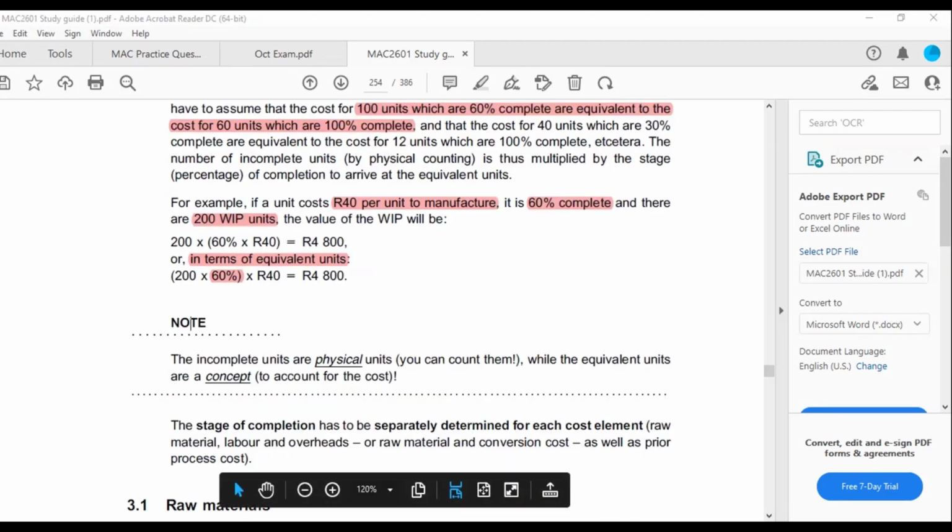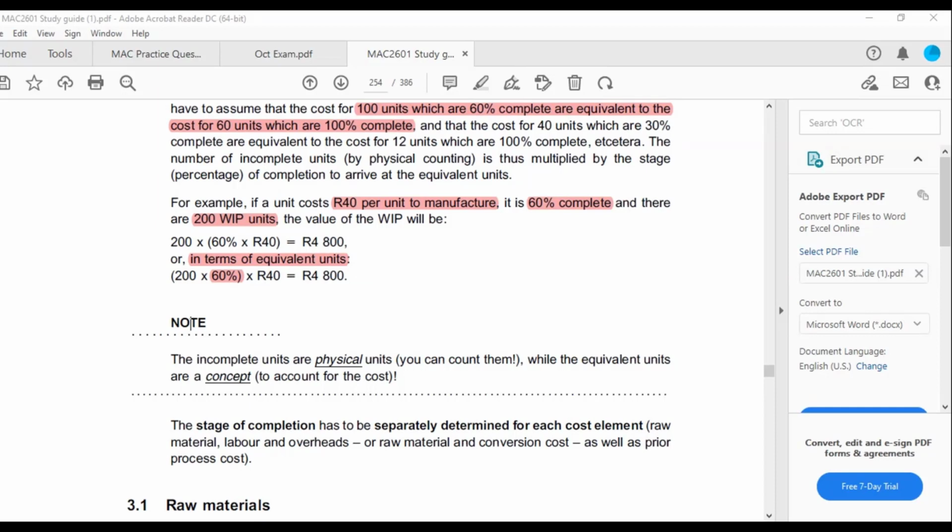We account for the partially completed units, and we call them equivalent units. So you're comparing them to what's been fully completed.